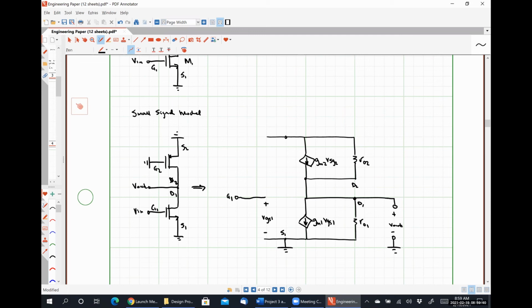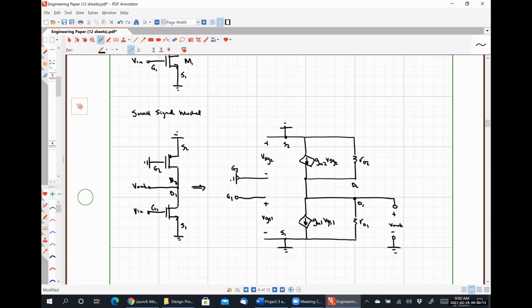My source is connected to ground up here. And I'm going to draw my gate like this. So this is going to be G2. I'm drawing it down because the gate is at a lower potential than the source. And this guy is grounded, so this is my voltage plus minus VSG2.